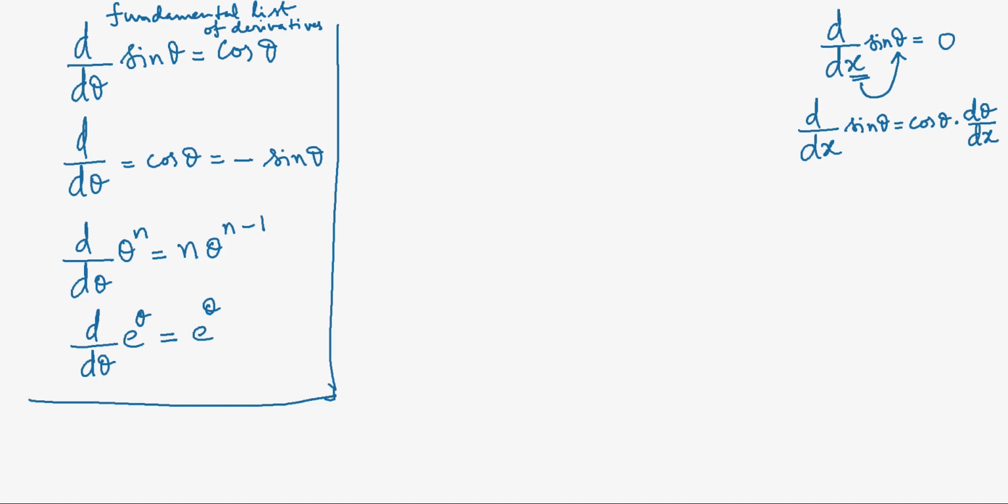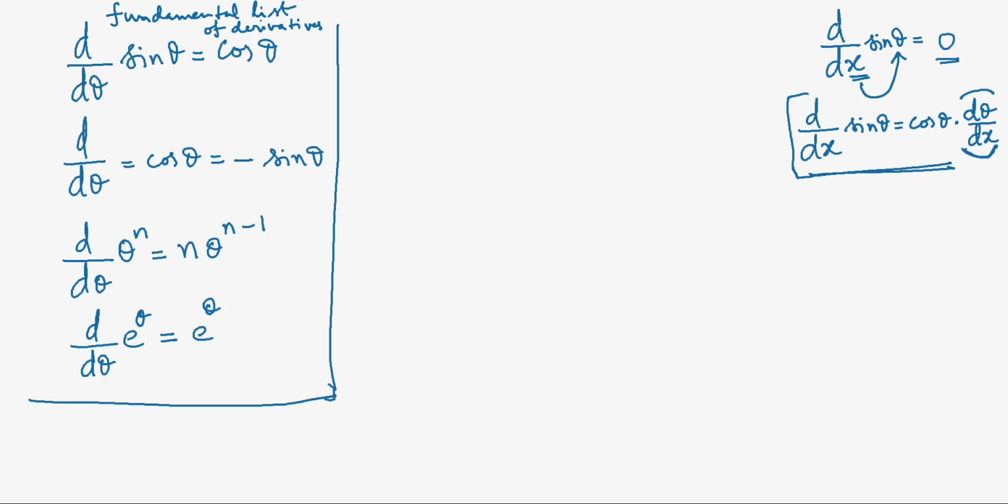If theta has nothing to do with x, then d theta by dx is what goes to 0, and that is when we can say the whole thing is equal to 0. This is the right way to write it. So if they say theta is totally independent of x, automatically this goes to 0, making the complete differentiation 0. Are you okay with that? Yes, uncle.